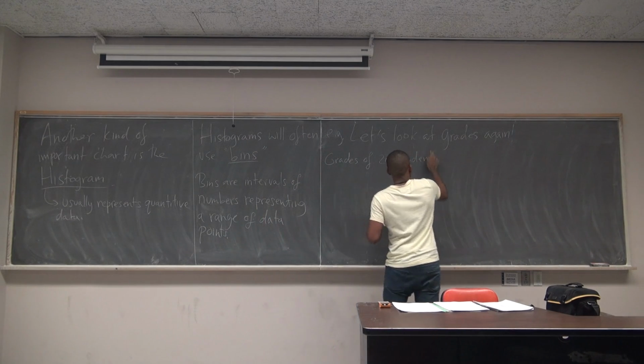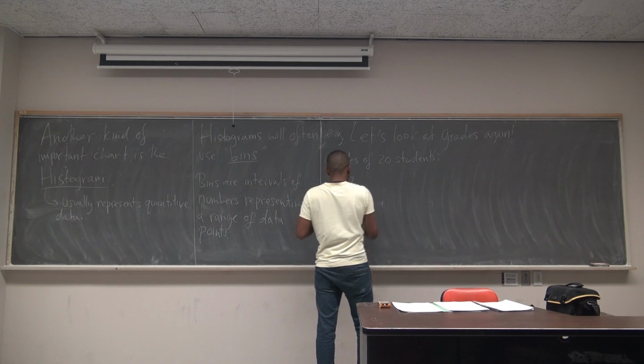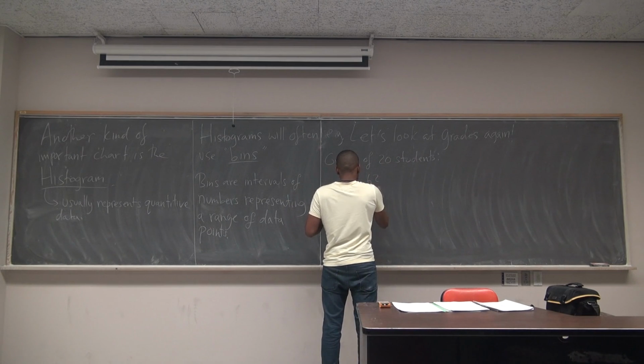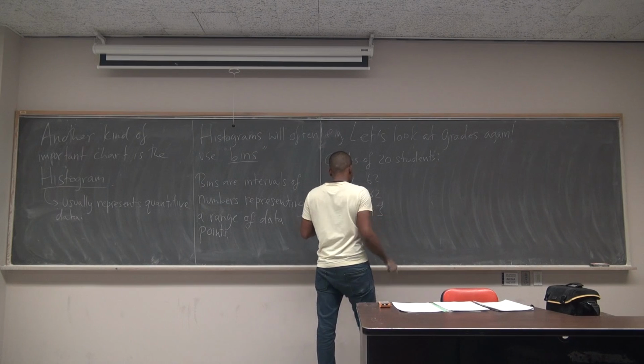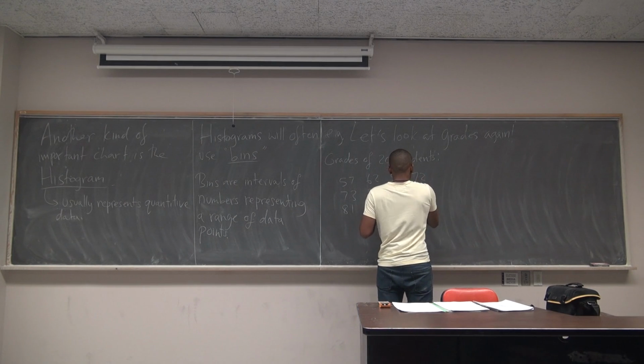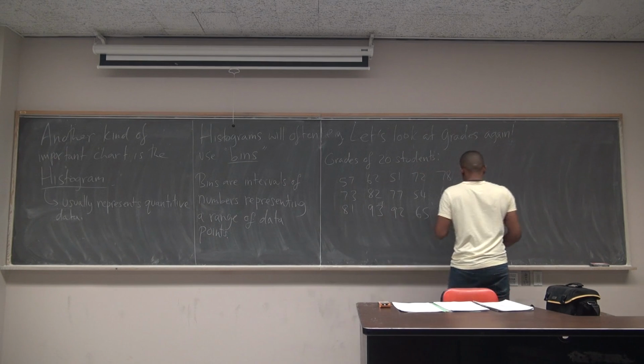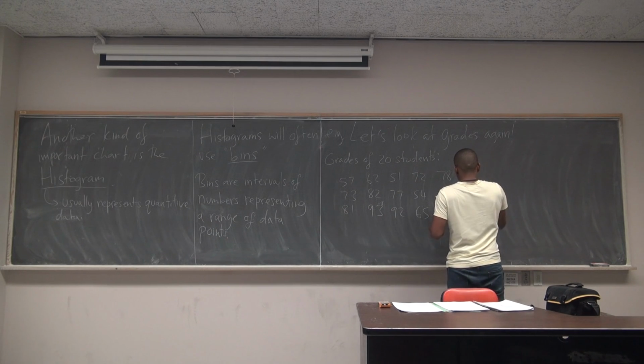Here are the grades of 20 students. 57, 73, 81, 62, 82, 93, 51, 77, 72, 72, 54, 65, 78, 61, 70, 85, 62, 68.